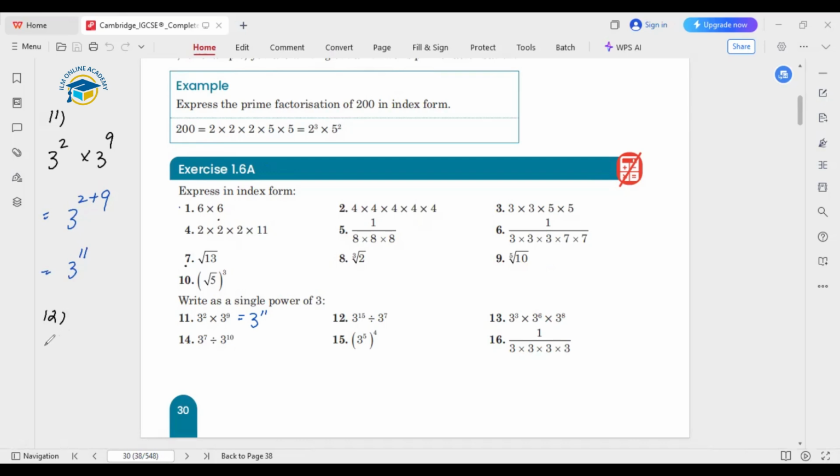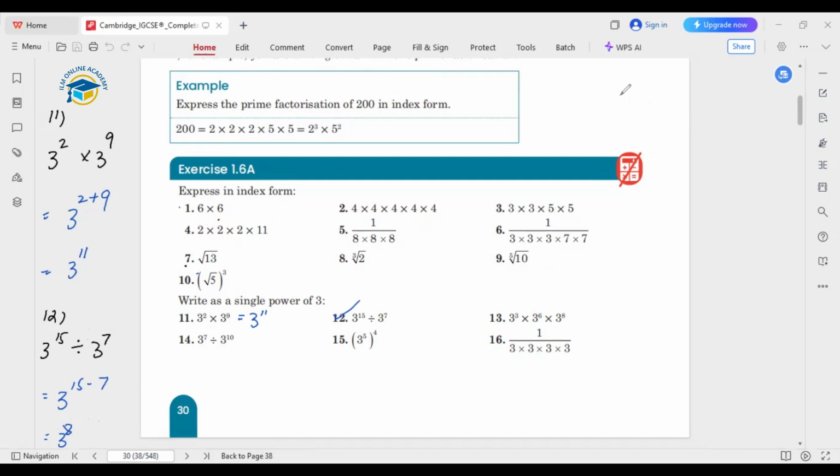Next, for the 12th one, they gave us 3 raised to the power 15, and we need to divide it by 3 raised to the power 7. As the division sign has been given, we need to subtract the powers: from 15 you are going to subtract 7 because of the division sign. So 15 minus 7 will be 3 raised to the power 8. The 12th part is done.